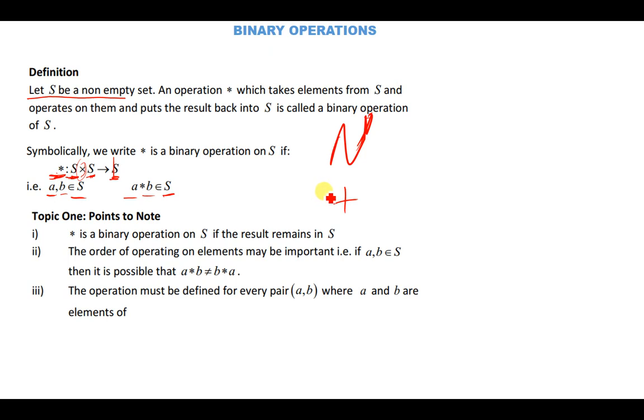If you find that the answer after adding two natural numbers is a natural number, that tells us addition is a binary operation on natural numbers. But if you find that there are two natural numbers that you add, and the answer you get is not a natural number, that implies that addition is not a binary operation on that given set.